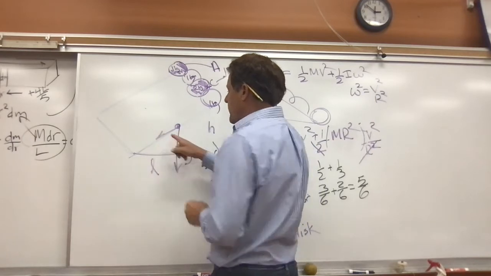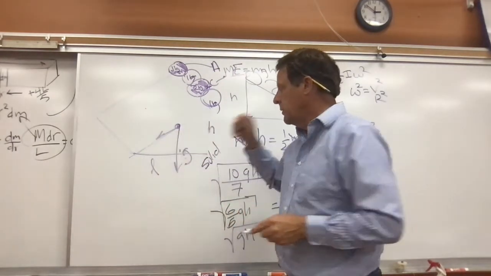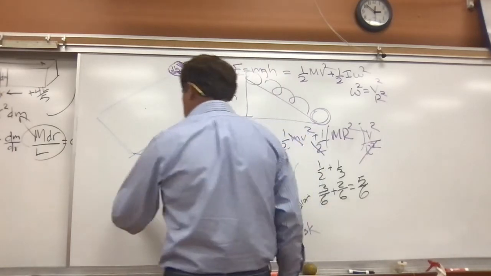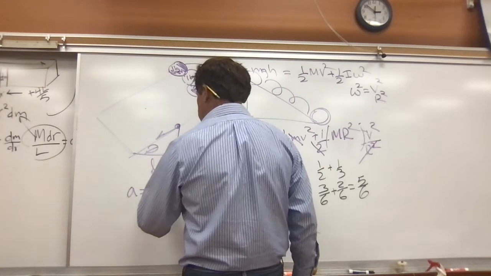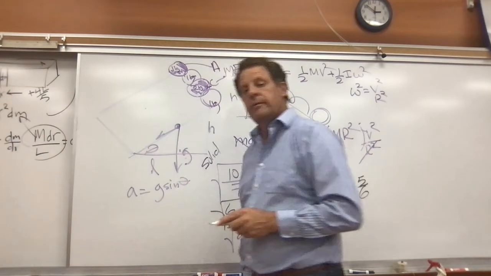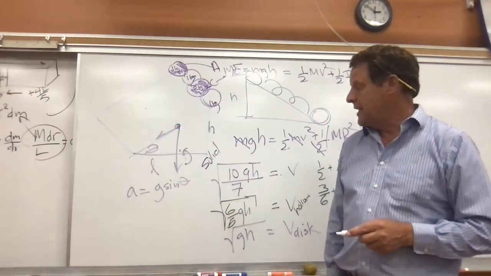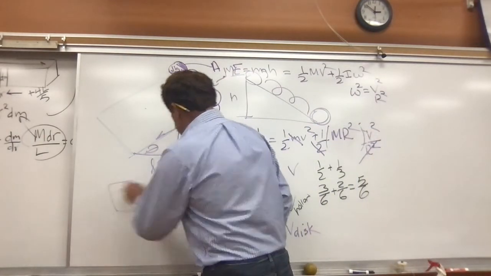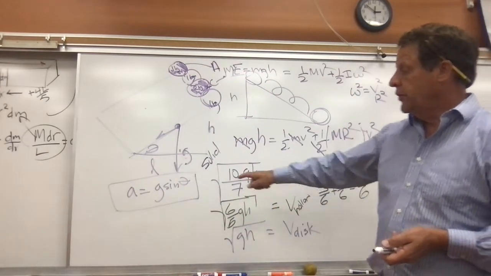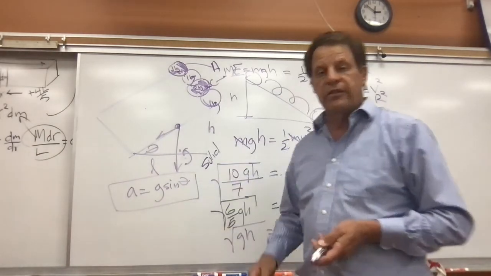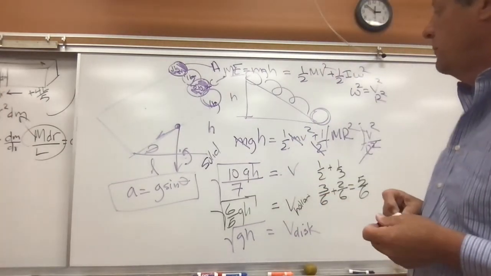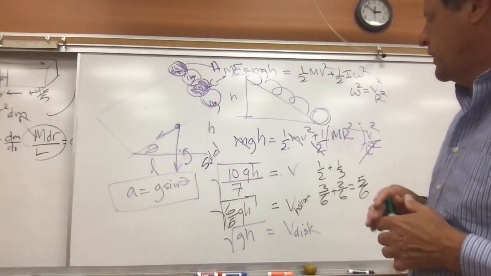We want this component right here. If this is our angle, then our acceleration would be equal to g sine theta. So g sine theta is probably going to be good enough for your answers. g sine theta is going to be your acceleration down the ramp.